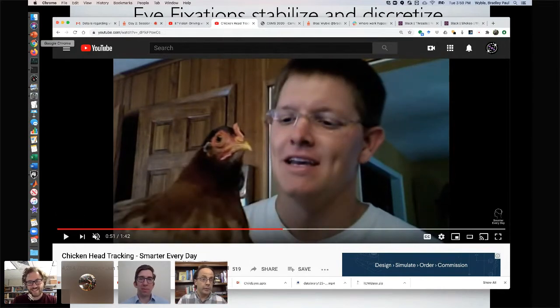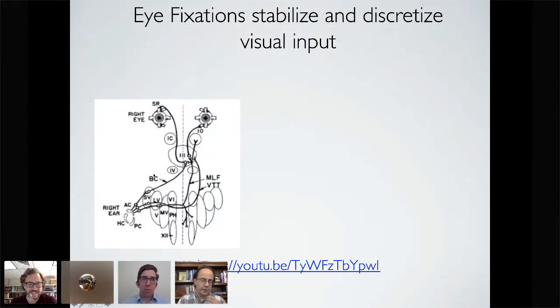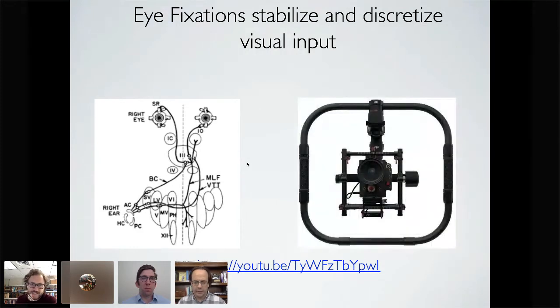Now, the way that the human visual system does this is through a set of circuits built down into the brainstem that take input from the vestibular system and feed that into the ocular motor system and allow us to automatically compensate for changes in angular head acceleration and velocity. And we can do the same thing with cameras using 3D gimbals.